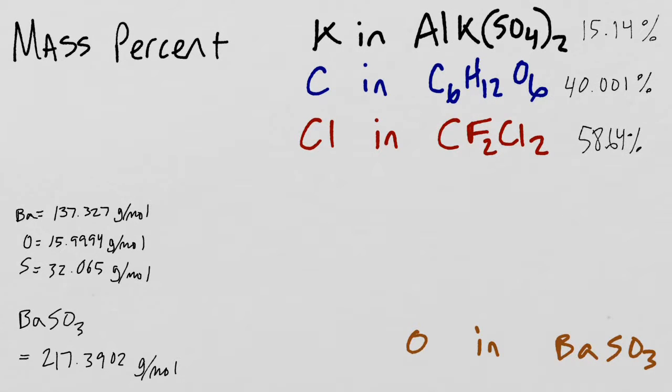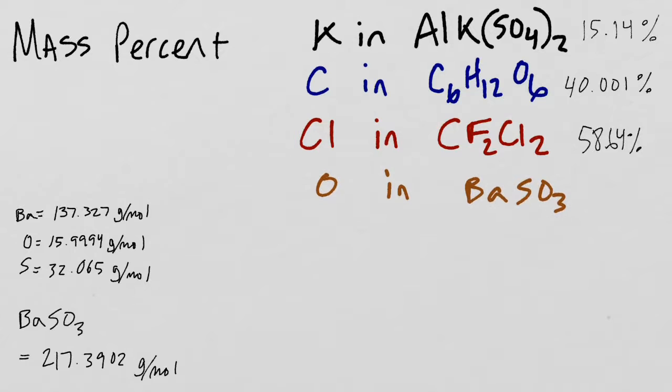Last one. Barium, oxygen, and sulfur make up barium sulfite. We are interested in the percent oxygen in that molecule. We want the total of the oxygen. In this case, there are 3 of them. So we'll say 3 times 15.9994 grams per mole.